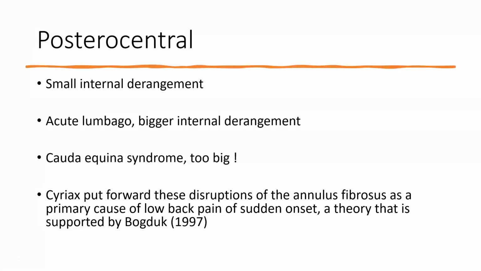be totally different. If we look in the posterocentral direction, then the most frequent category is going to be the small internal derangements with pressure against dura. The bigger ones, acute lumbago, are of course also possible, but we hope that it doesn't become too big and that the patient gets cauda equina.